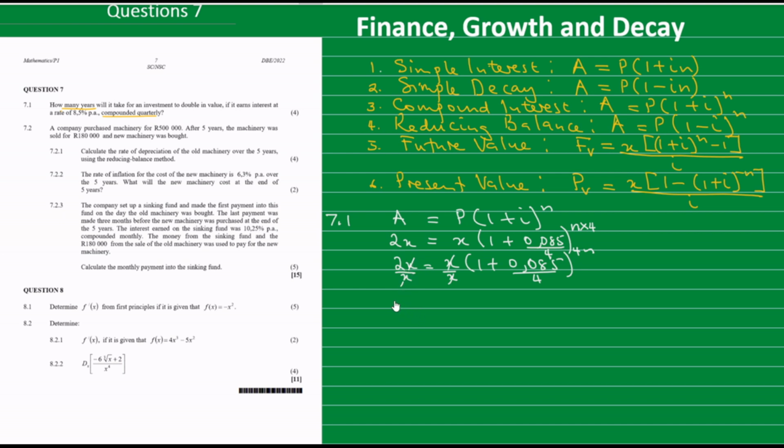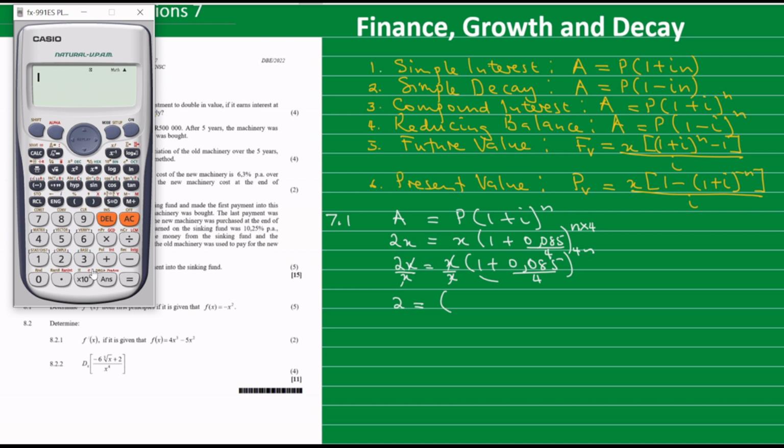So we are going to get 2 is equal to, now what we can do is evaluate this number here, 1 plus 0.085 over 4, take it as one number because this is our base, and we raise it to the power 4n.